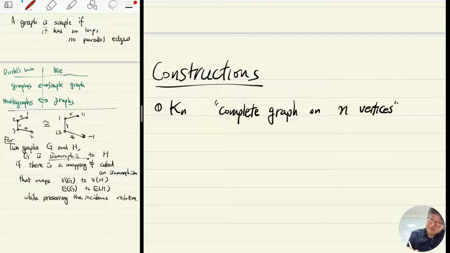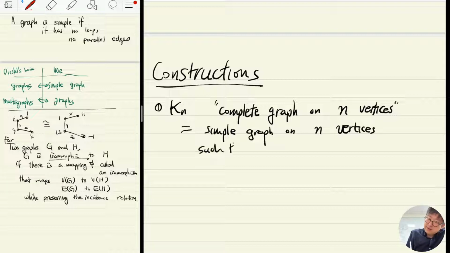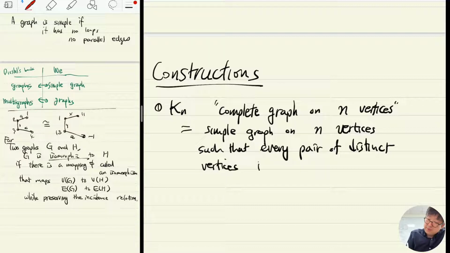It's a simple graph on n vertices such that every pair of distinct vertices is adjacent to each other.